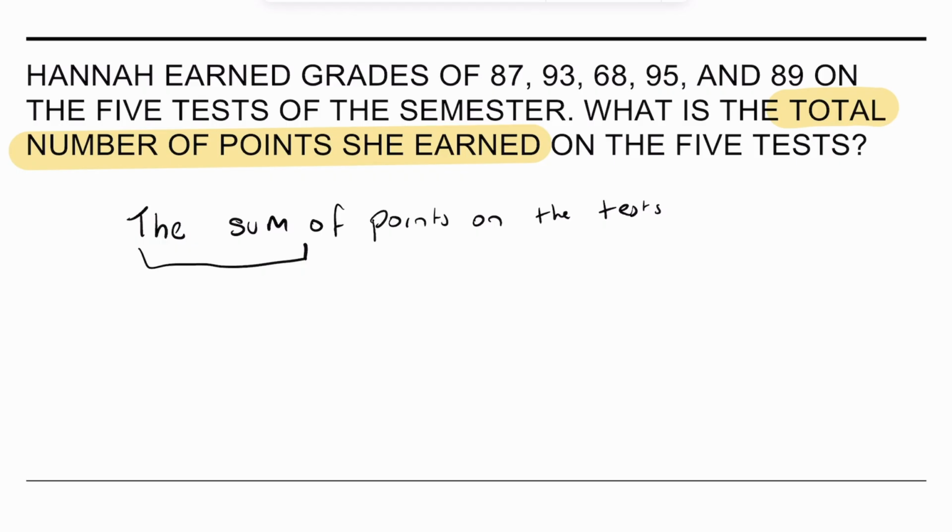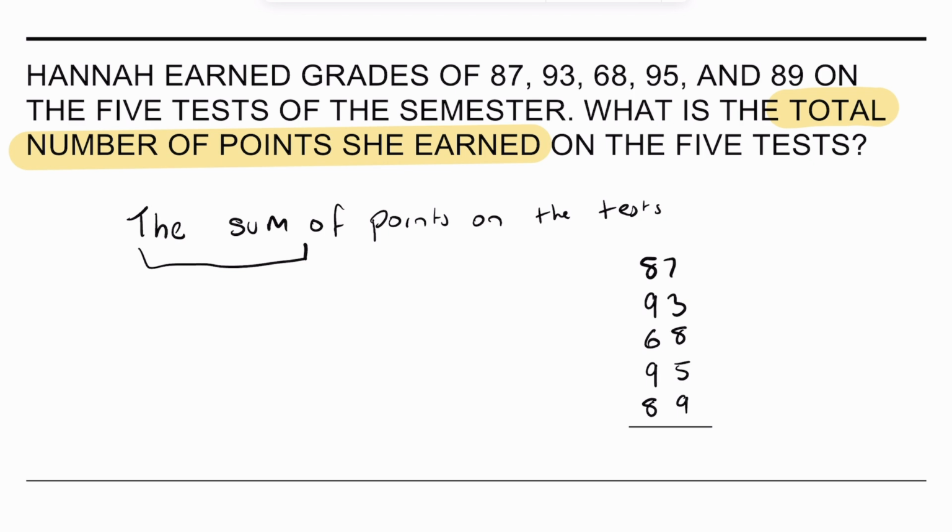So we know that translating that into mathematical notation, all we would do is write them down vertically, aligning the columns. And so we have 87, 93, 68, 95, and 89. And so it looks like a lot, but it's the exact same process.